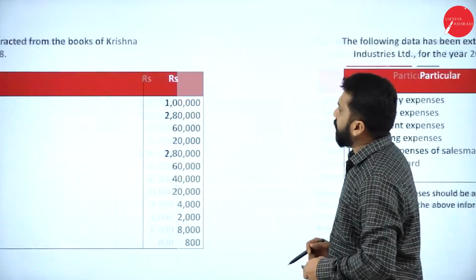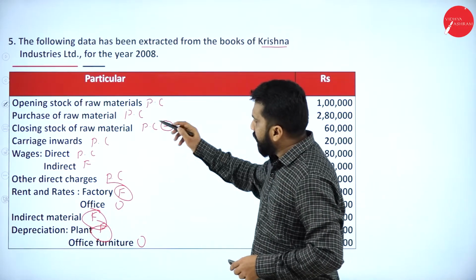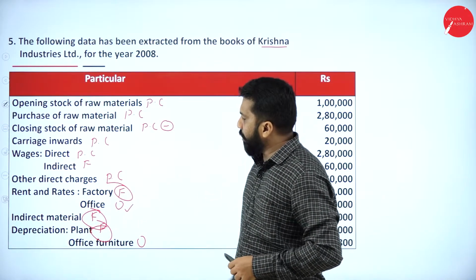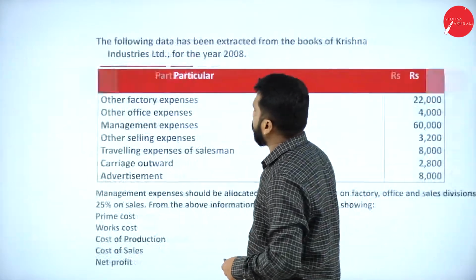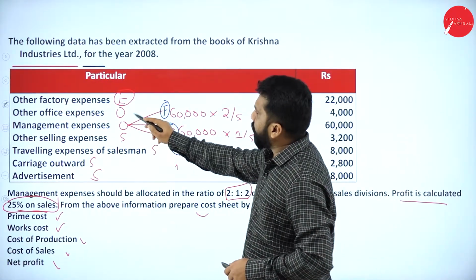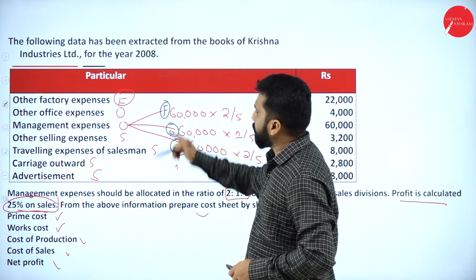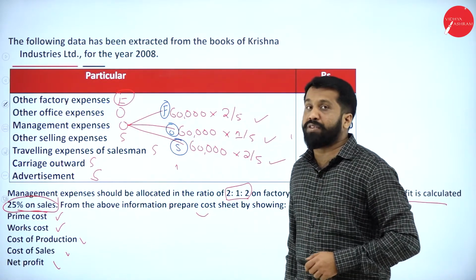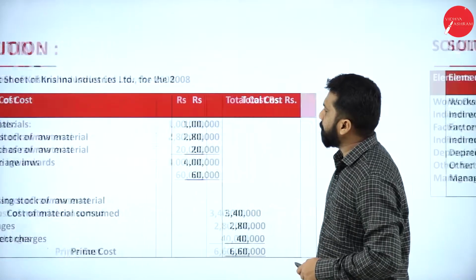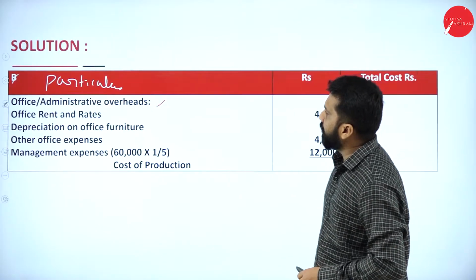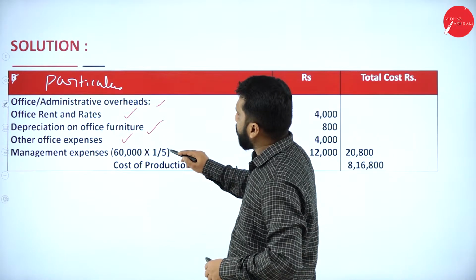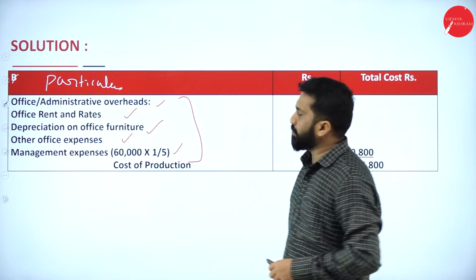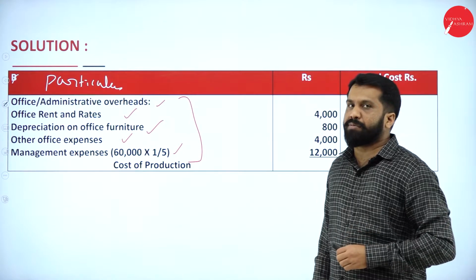Do we have anything related to office? Yes. We have rent and rates of office, depreciation on office furniture. Then we have other office expenses, management expenses. These are called office related expenses. See, office rent, depreciation, other office expenses, management expenses, all come under office and administration.